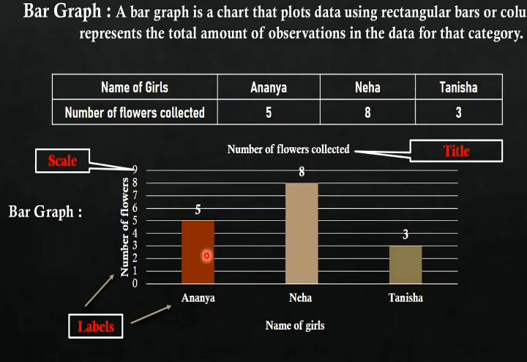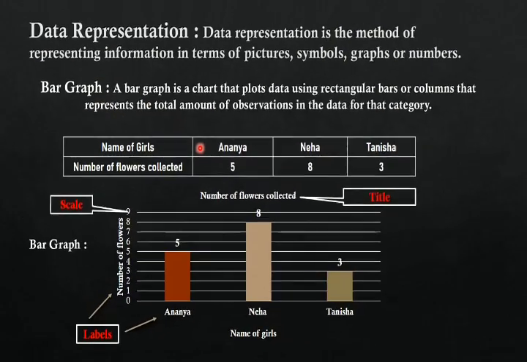Hence from this bar graph we can easily say Ananya collected 5 flowers, Neha collected 8 flowers, and Tanisha collected 3 flowers. Therefore, remember, a bar graph is a chart that plots data using rectangular bars or columns that represent the total amount of observations in the data for that category.